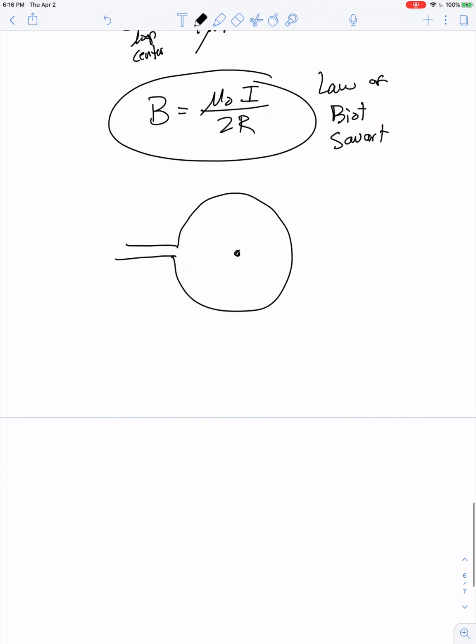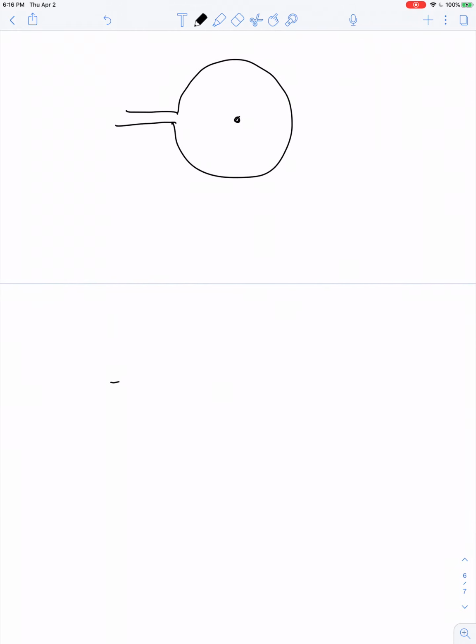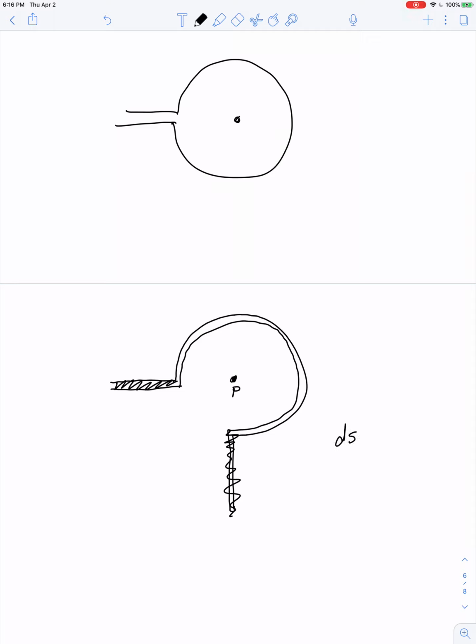Now we could also ask, what if it doesn't go a full loop? What if we take the wire and wrap it around and decide to go like this? Once again, we can pretty easily argue that this segment of the wire and this segment of the wire don't contribute at all to the magnetic field at point P, because ds and r hat would be parallel in that case.